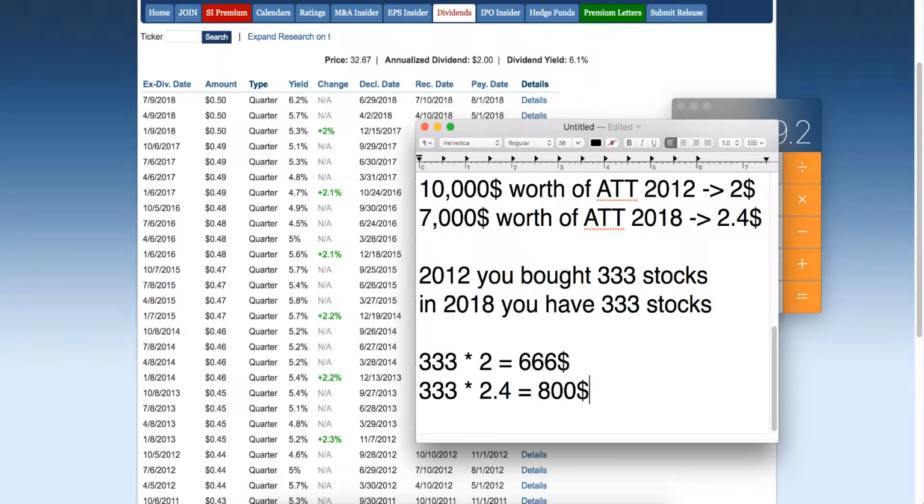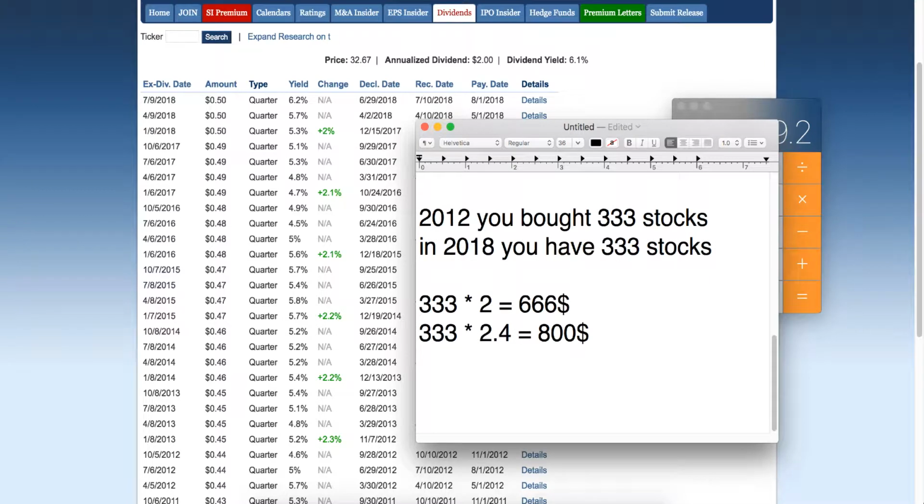And that shows you how important it is to hold stocks that give you great dividends and great increases in terms of dividend growth. Very, very important, because you also really care about dividend growth.